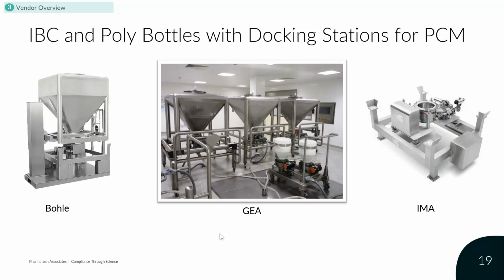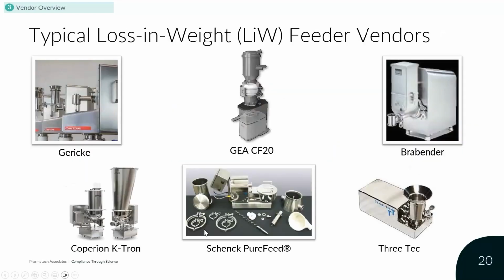These docking stations also have a very particular function: to make sure that the material really flows well out of the IBC into the pneumatic or gravity flow down to the loss in weight feeders.